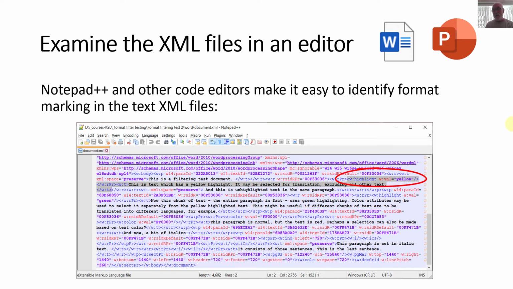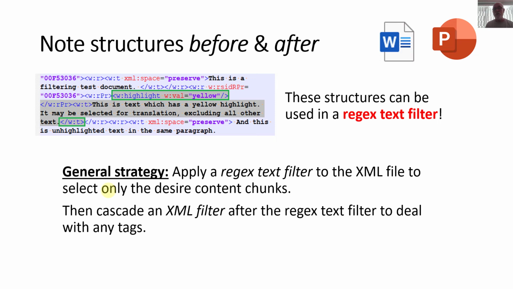In the example we see here in the screenshot, the yellow highlighting begins where we see this w:highlight and a w:val equals yellow tag. And the text block ends with a /w:t close tag. This sort of marking will be found for each occurrence of text that is highlighted yellow in the file. It's important to take note of the structures that occur before and after the text of interest.